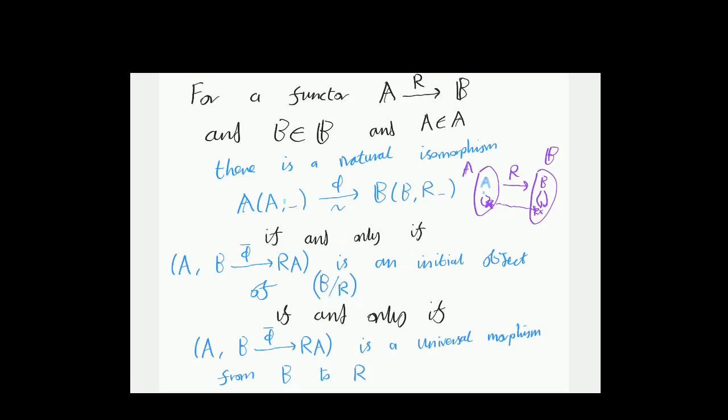So another way to think about this result is to say that this is equivalent to saying that A, together with phi bar, give us an initial object of this comma category here, capital B comma R, or capital B slice R. And we can think of this as the comma category we get using these functors here.